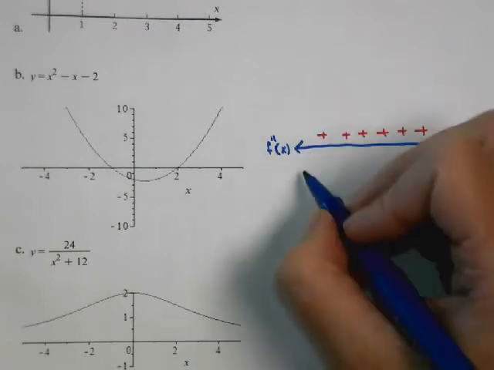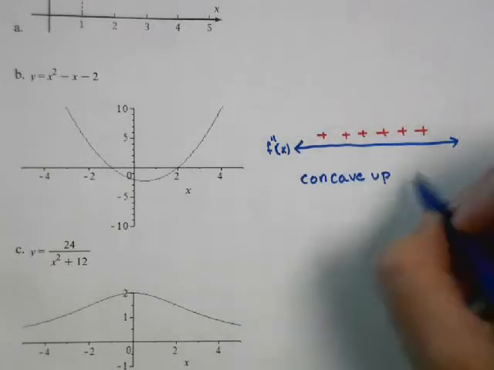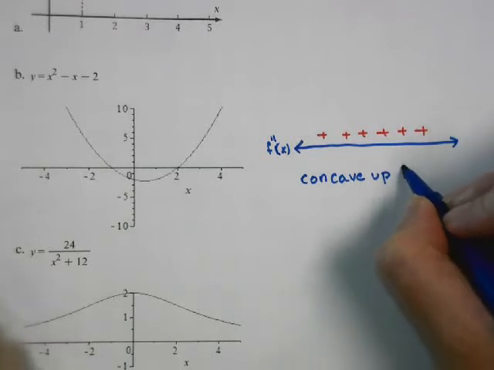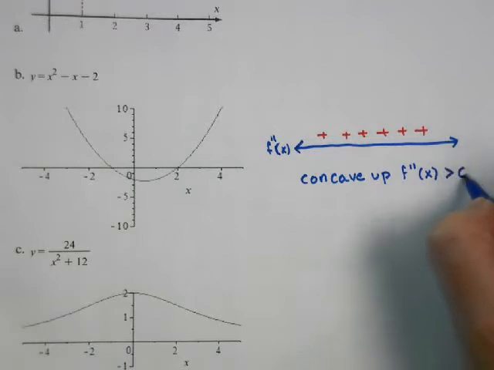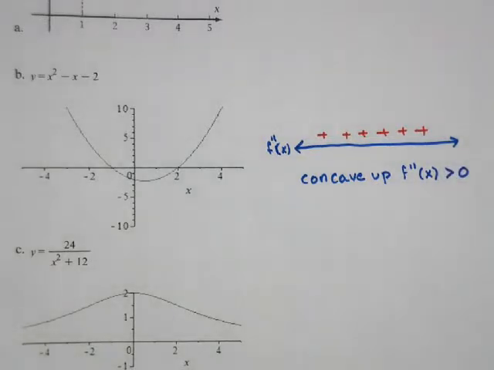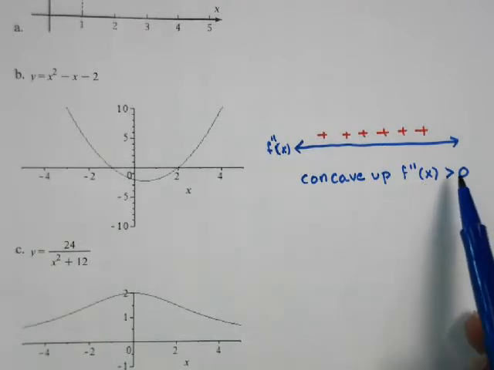So we'd say this is concave up because f double prime of x is greater than 0. If you were asked to justify concavity, that will always come from the second derivative and whether it is positive or negative.